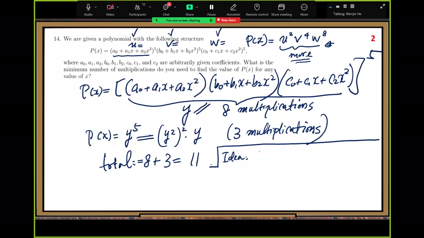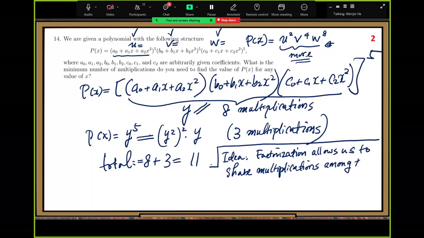Factorization allows us to share multiplication among terms, and in this way we can reduce the number of multiplications.